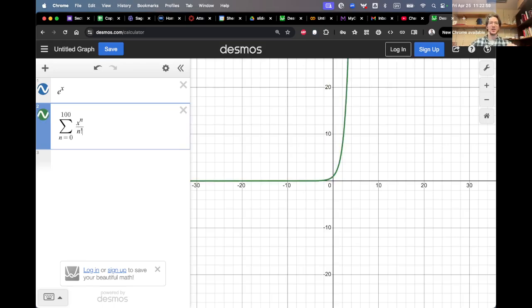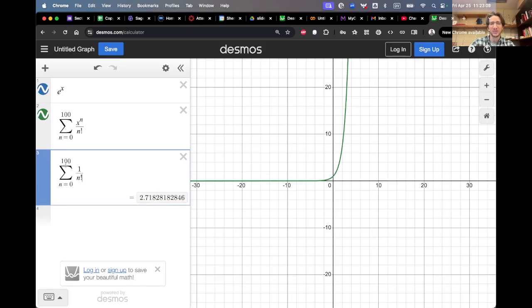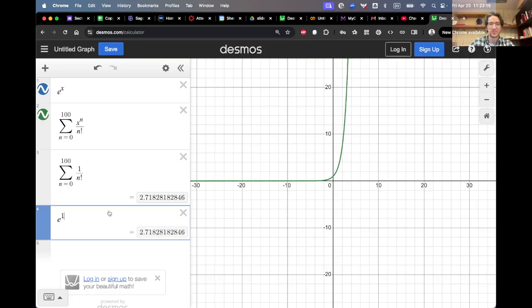There we go. And you might remember that I said on a certain day in the notes that the sum from 0 to infinity of 1 over n factorial is e to the first, and that comes from this Maclaurin series. Okay. Pretty cool.